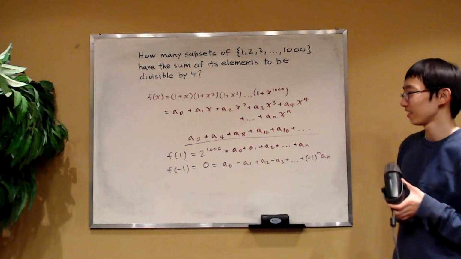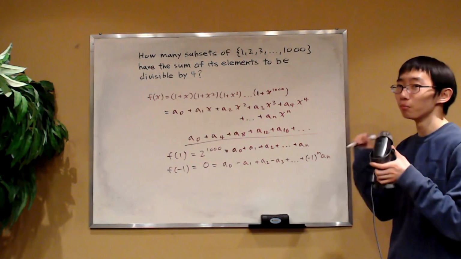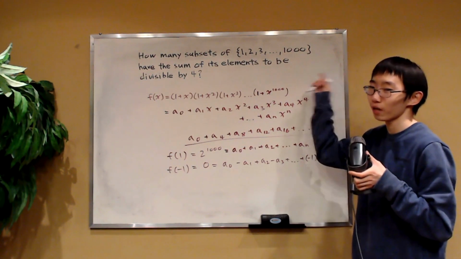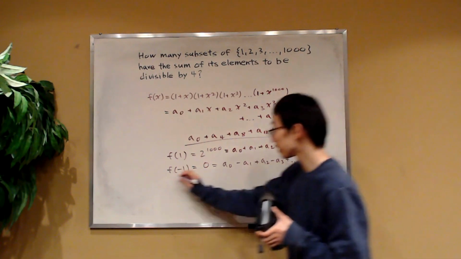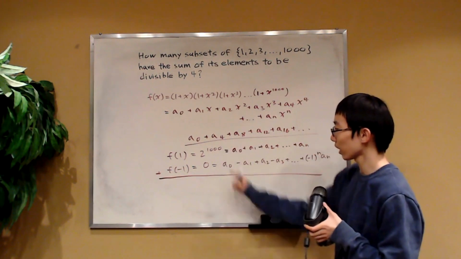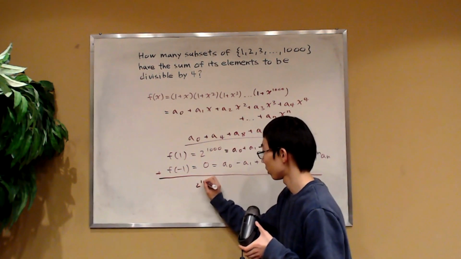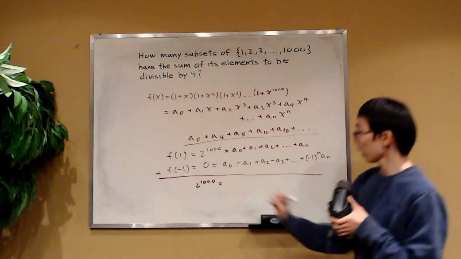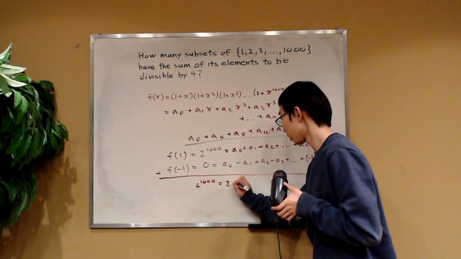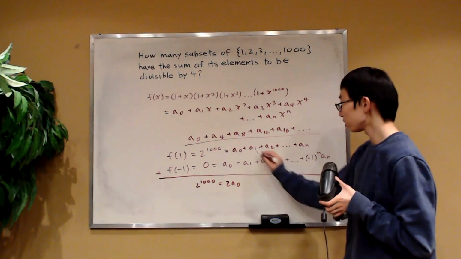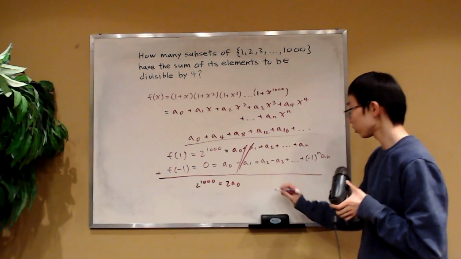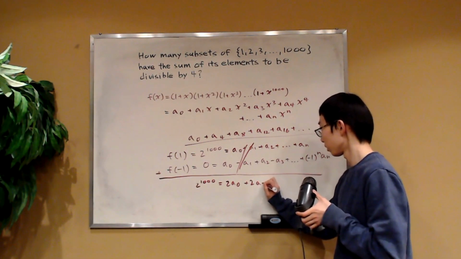Pretty cool, right? Now, here is the most fundamental part, and this part will actually be a foothold for solving this problem. Notice what happens if I were to add these two equations. On one side, adding gives you 2 to the 1,000, right? And on the other side, notice that here we have 2a0, and then here this is plus and minus, so this just goes away. And we have a2 plus a2, that's 2a2.